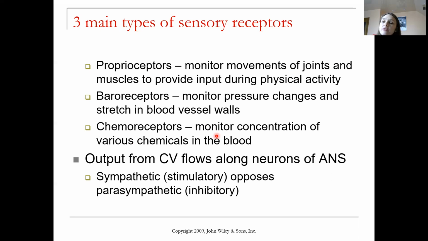Chemoreceptors will monitor the level of oxygen and carbon dioxide in the blood. So when we have the condition of hypoxia and hypercapnia, which means decreased level of oxygen and increased level of carbon dioxide, this will be detected by the chemoreceptors in the aorta and carotid sinus and transported upward to the medulla oblongata, in fact to two centers.